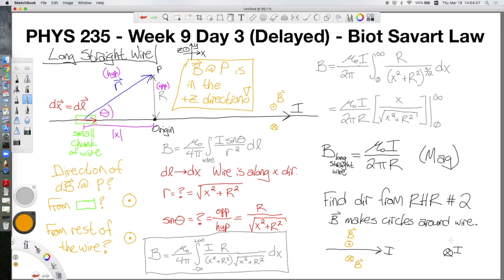Well, the magnetic field will make circles around the wire, and the direction of those circles is determined by the second right-hand rule to be, in this case, clockwise. So at any given location near this wire, say right here, we would draw ourselves a tangent line to that circle and choose the direction that matches with the way that B is rotating around the wire.